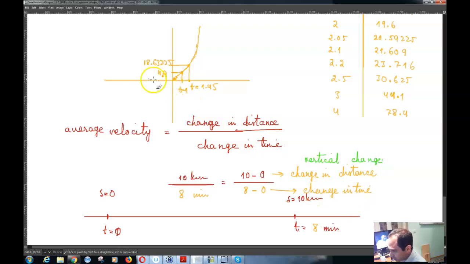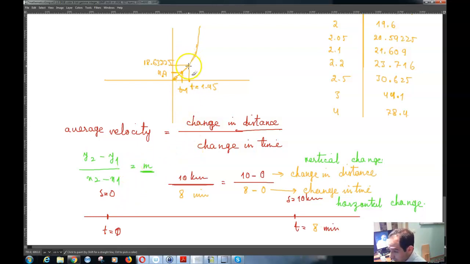And change in time is along this axis, so this is the horizontal change. So vertical change over horizontal change is nothing but y2 minus y1 over x2 minus x1, which is incidentally also the formula that we use for finding the slope of a line.